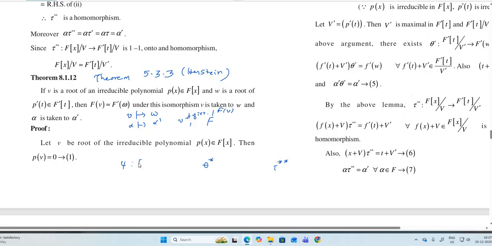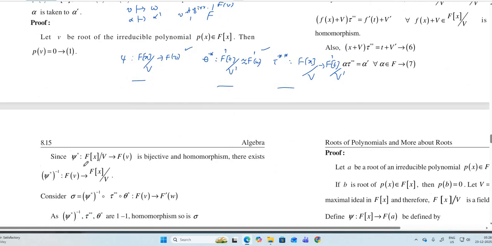Psi is a mapping from fx mod v to f of v, and theta star is from f prime of t mod v prime to f prime of w, and tau double star is from fx mod v to f prime t mod v prime. So we want to connect these, and these are the tools that we have. So how are we going to connect?